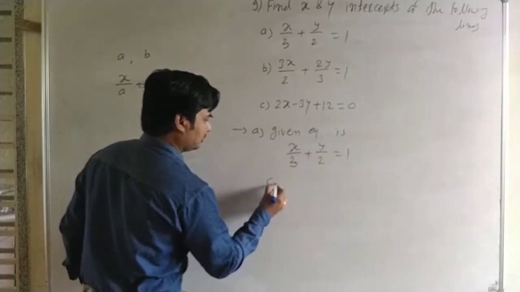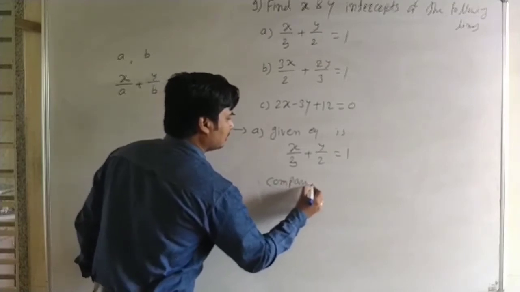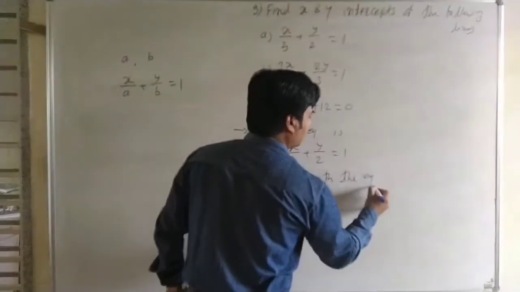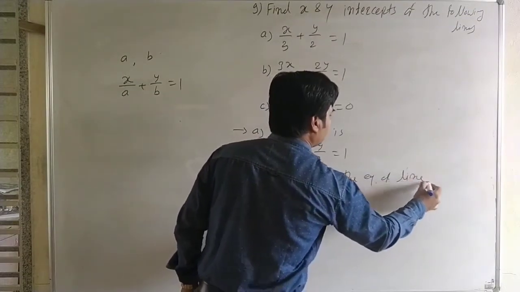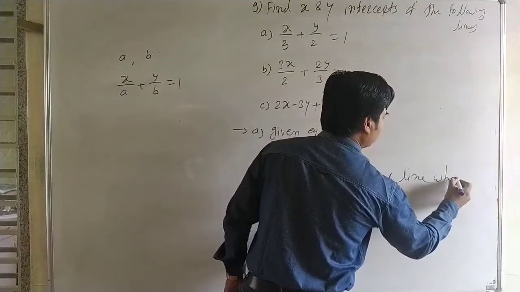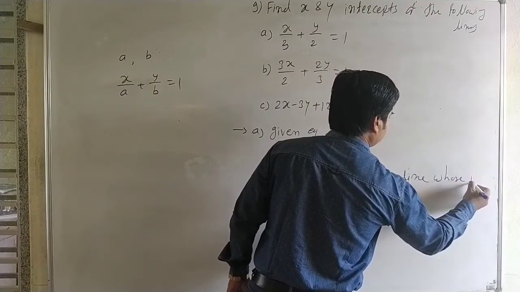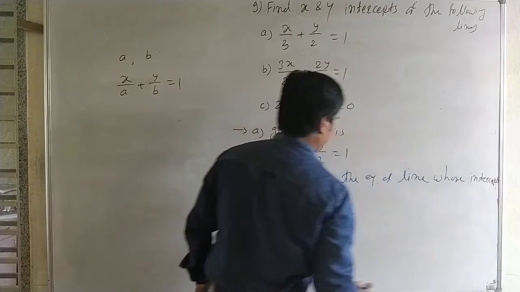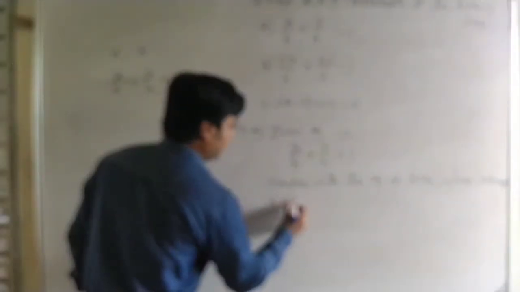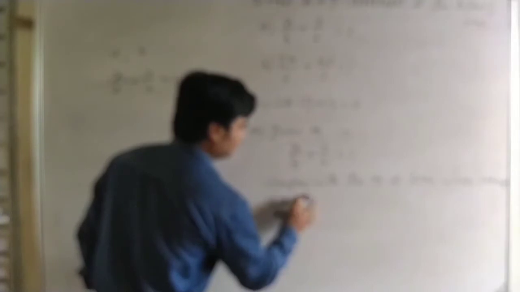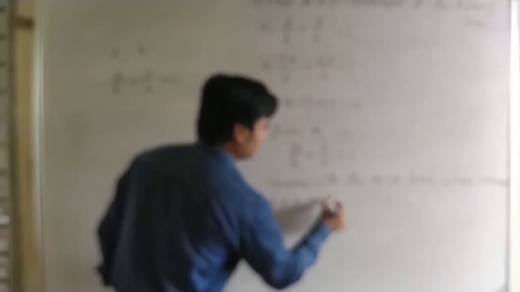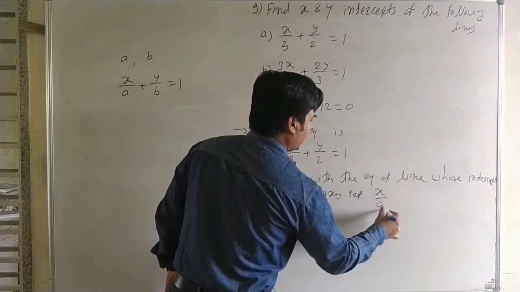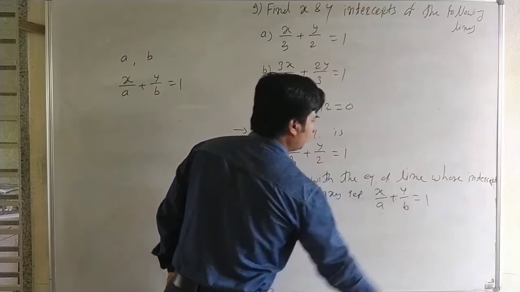Therefore compare with the equation of the line whose intercepts are a and b respectively on the coordinate axes, x upon a plus y upon b is equal to 1.